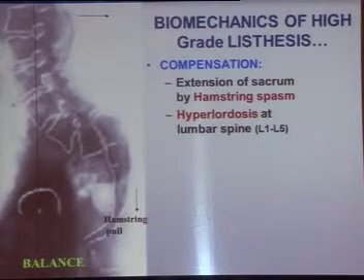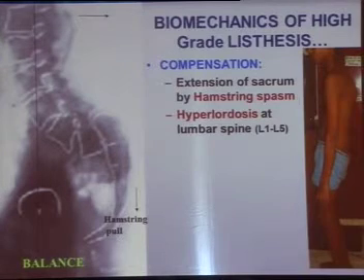As a result, the pelvis rotates and the sacrum becomes very, very vertical. The hamstrings are attached to the pelvis, so once it rotates, the hamstrings get tightened. That leads to what is called a crouching gait, with hamstring spasm, flexion of the knees and flexion of the hips, and that's the classical crouching gait of a dysplastic high-grade listhesis.